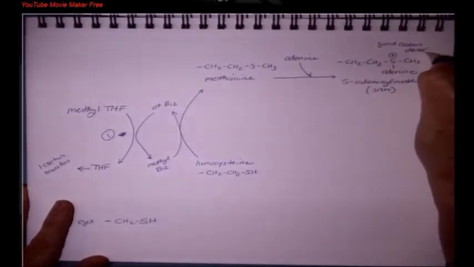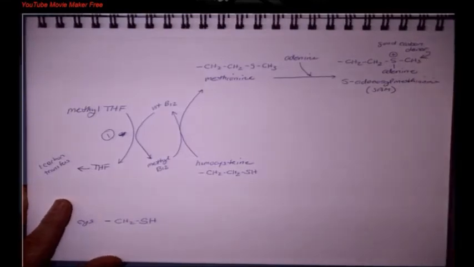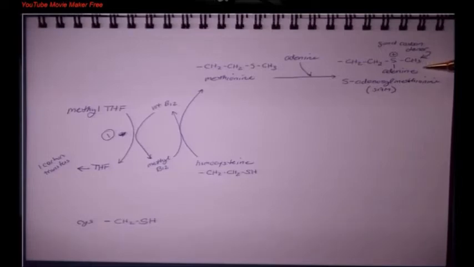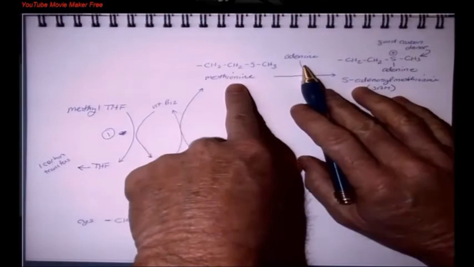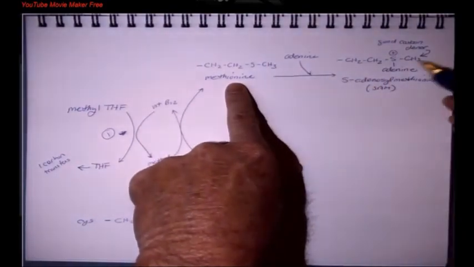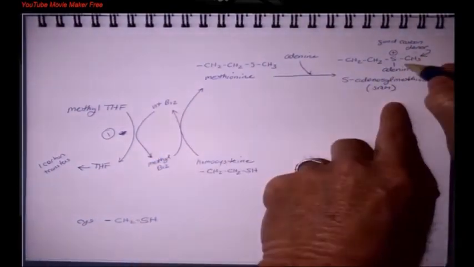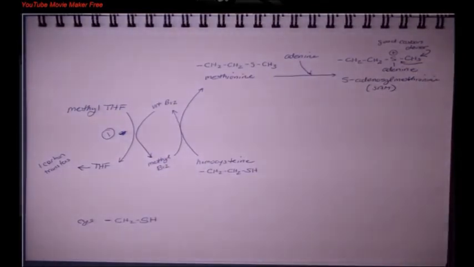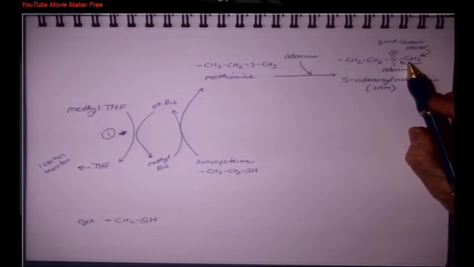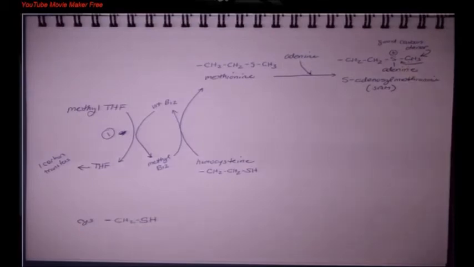And here is the carbon, that methyl group on S-adenosyl methionine. So all of this process of adding this purine base onto methionine is to destabilize this bond right here between the sulfur and the methyl group, to make this methyl group a good donor, just like we saw with the methylene in folate forms.